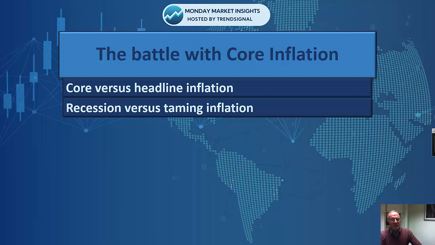Unfortunately, the reality is going to probably be slightly different, as inflation will remain stubbornly high, and the Federal Reserve will still have to push rates higher. They're currently at 4.25. We're expecting another quarter point rise at the end of this month, or 1st of February, with another one or two rises by the end of Q2.